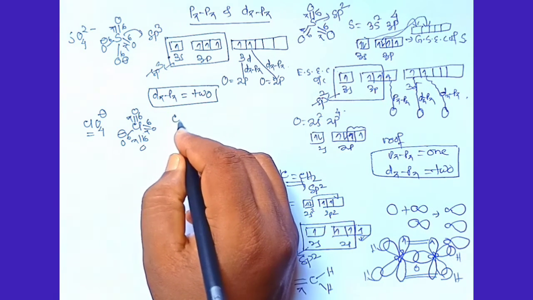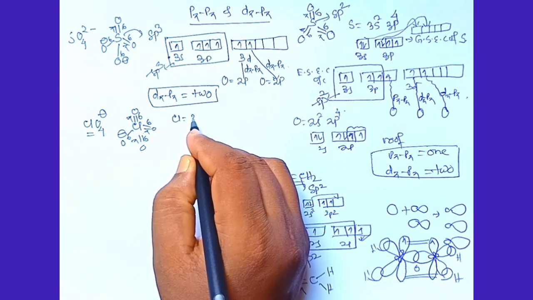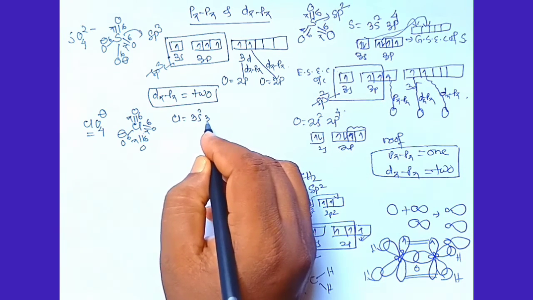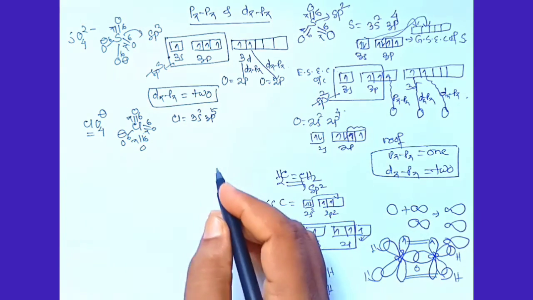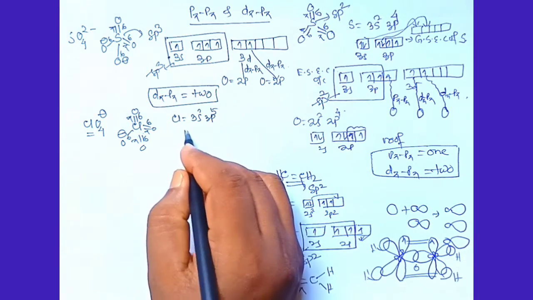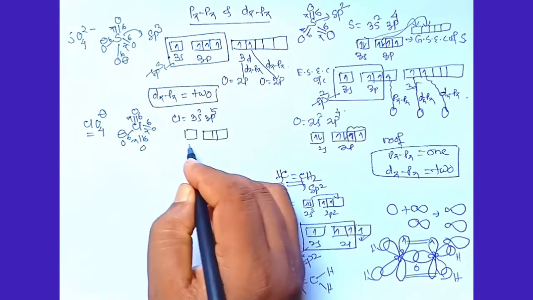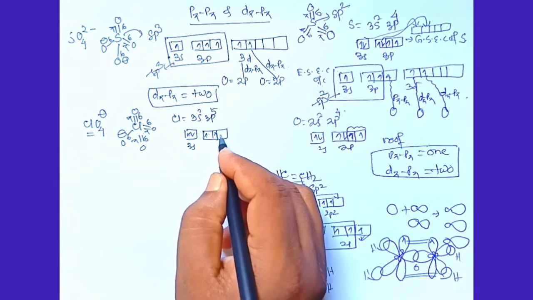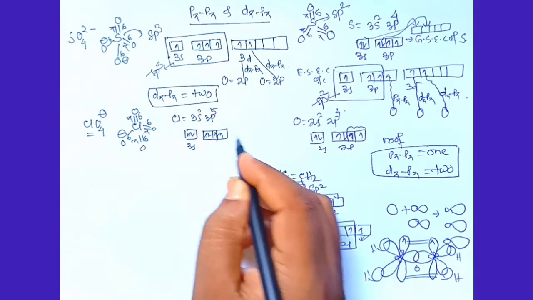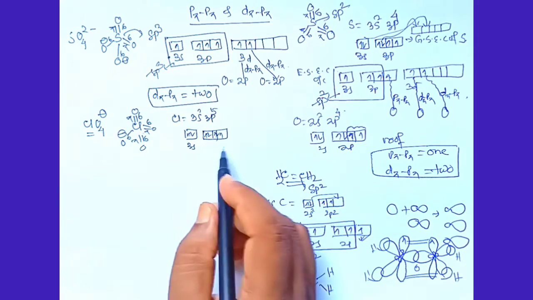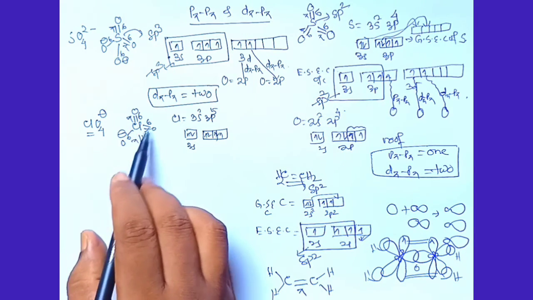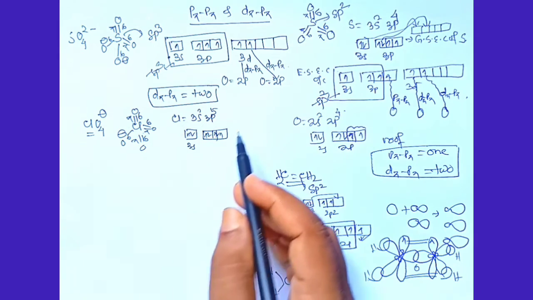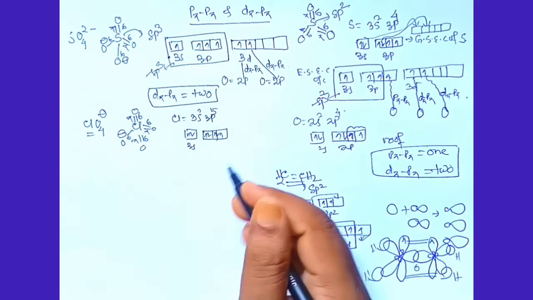So chlorine has the electronic configuration 3s2 3p5. You will draw the box diagram. It will be 3s2 3p5. So there is one unpaired electron, but you need 7 unpaired electrons to form all these sigma bonds and pi bonds.